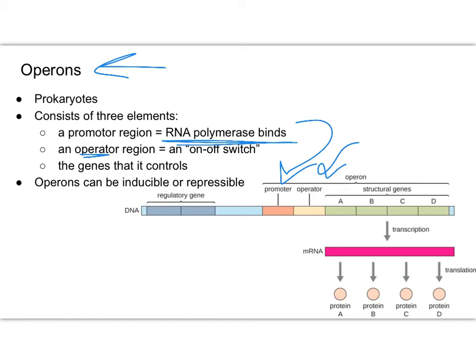So it's between the promoter region and the first gene, and it will turn the whole thing on and off. Okay. And then the last part is going to be the genes that it controls. So you can see in this example here, there are 4 genes that it is controlling. And so those genes, you'll notice I'm producing 4 different proteins here because all 4 genes are controlled.